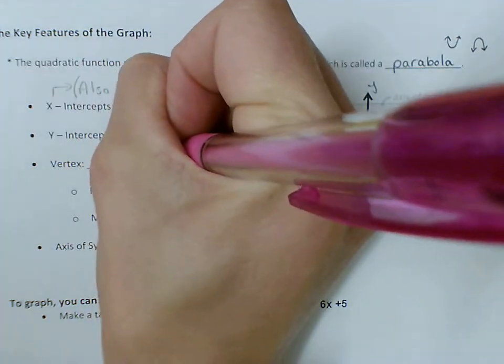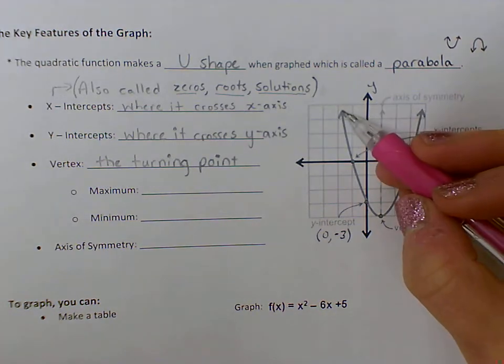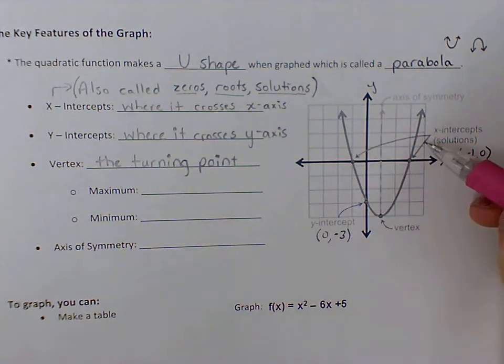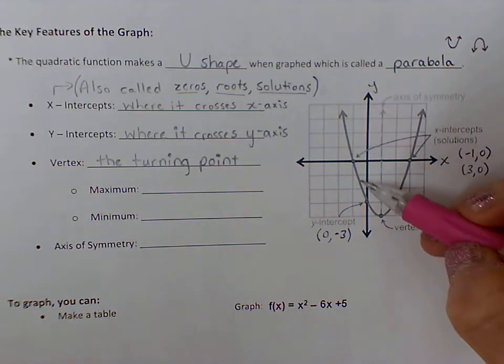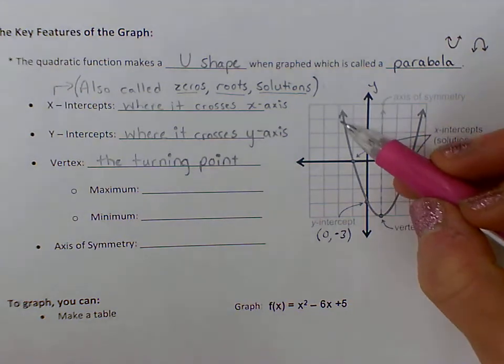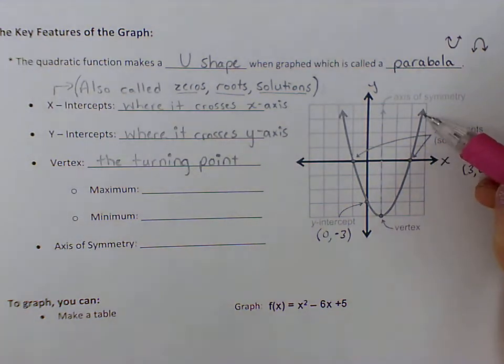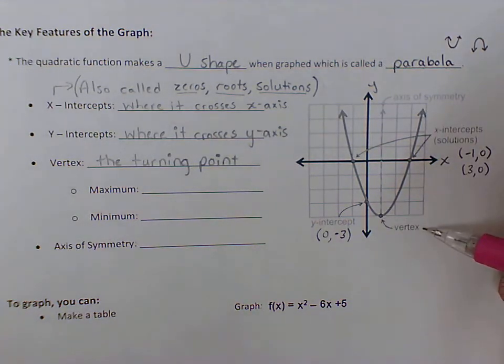So if you look at your graph, you'll notice that, and remember, you read graphs from left to right. You read them kind of like a book. So if you're tracing this graph, notice it's going down to begin with. There's a point where it kind of turns around and goes the other direction. So that point is called your vertex, the point where it turns around, okay?